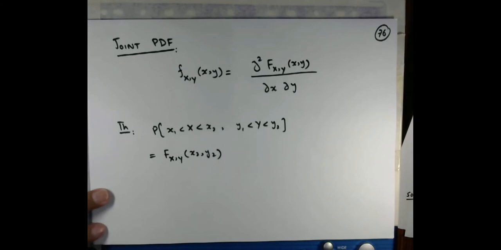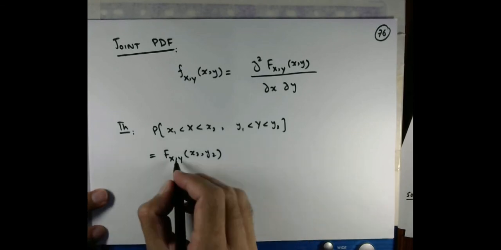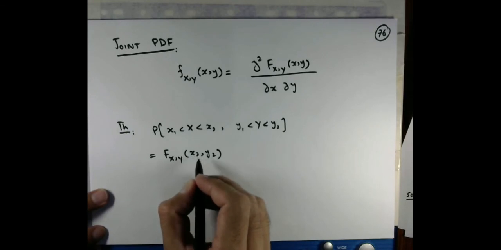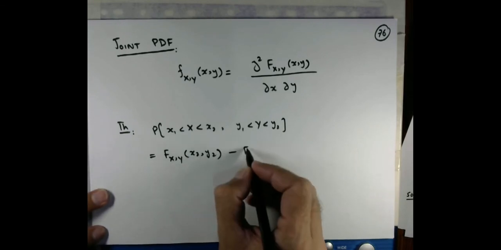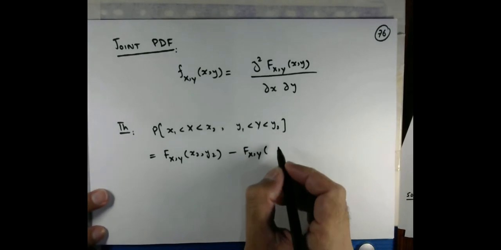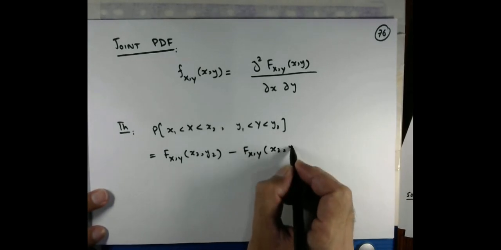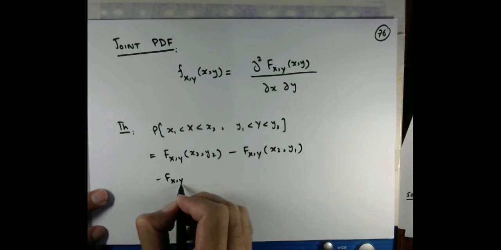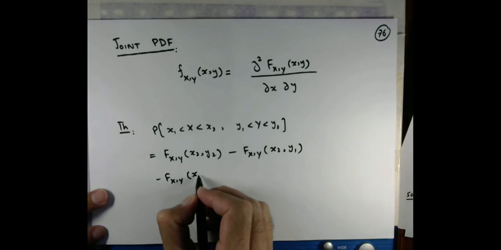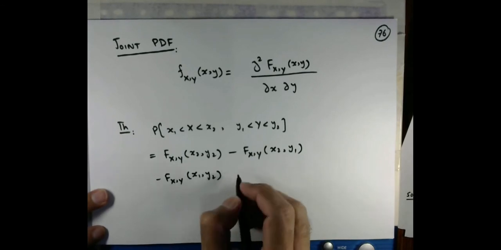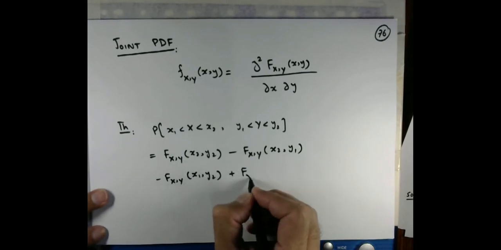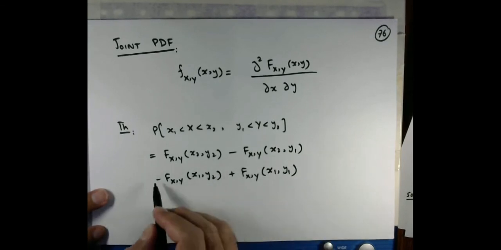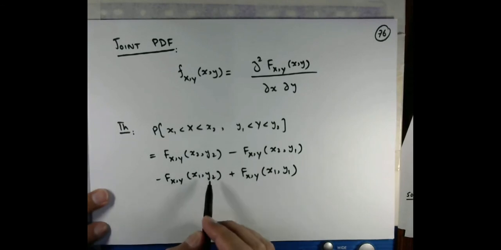you will place them in this particular order: f sub x comma y, the CDF of x comma y at this x2 comma y2 point, minus the CDF at x2 comma y1, minus the CDF at x1 comma y2, and then plus the CDF at x1 comma y1. So you see the plus minus signs and the four corners.